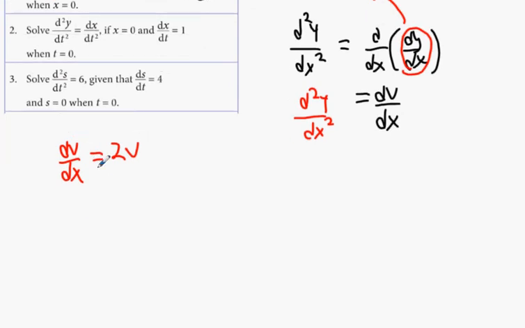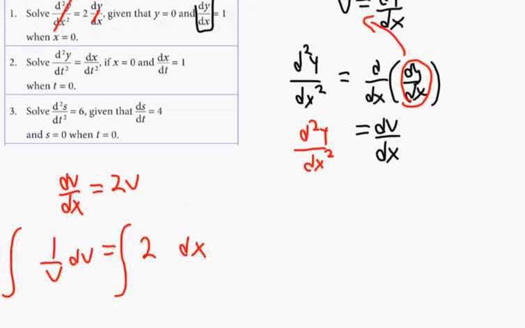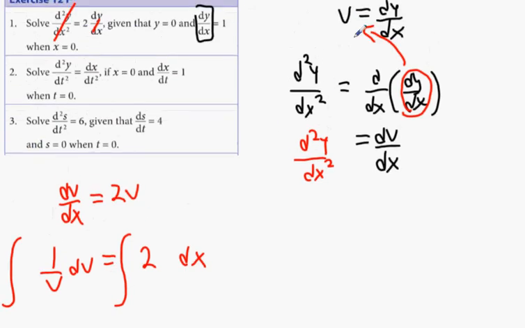It's very similar to what we dealt with in the last chapter, isn't it? Bring the 1 over v to the v side, and then the other side is going to be 2 dx. How do you match up the limits? Go back to the top. When dy/dx equals 1, that's basically v now, isn't it?